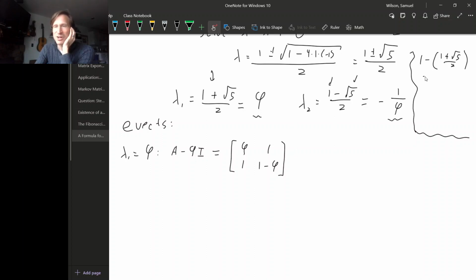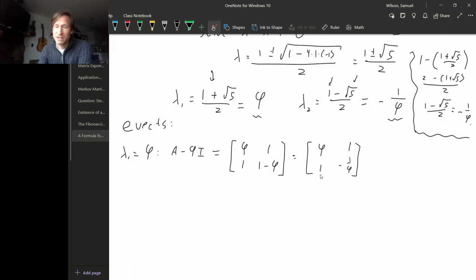So if we put this over a common denominator, 2 minus 1 plus root 5 over 2, we get 1 minus root 5 over 2, but this is our other eigenvalue. This is minus 1 over phi. Okay, so this is phi, 1, 1, minus 1 over phi.